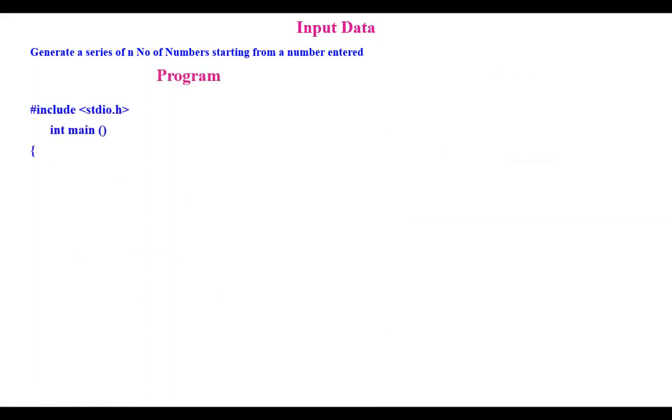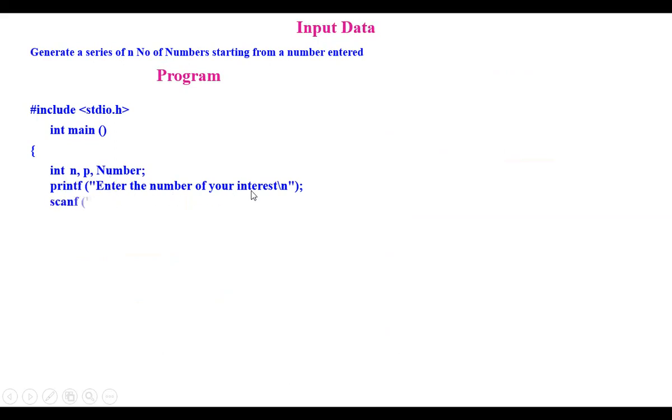Now, suppose we generate a series of n numbers starting from a number entered by us. Here we have two options: how many numbers are to be generated and from which number, both given by the user. So we have taken three variables, n, p, and number.